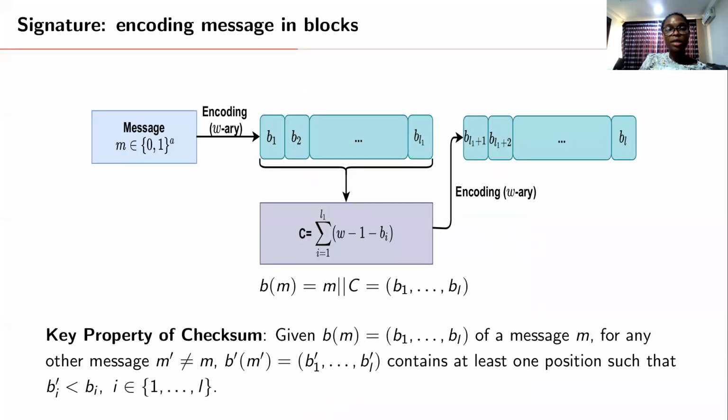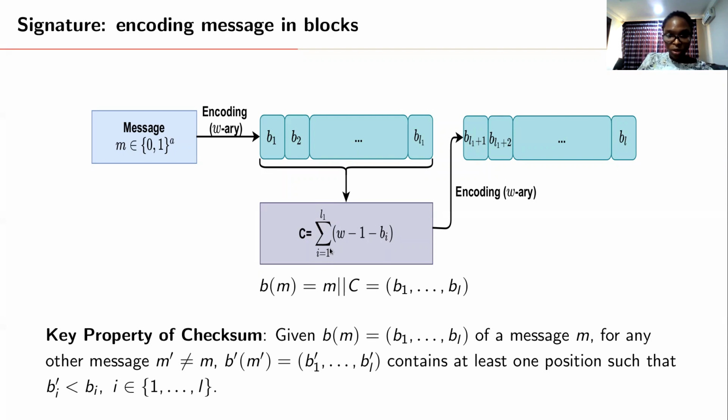Now, to sign, the message is not signed bit after bit; instead, the message is first encoded in L1 blocks, in the omega-base representation. Then we compute the checksum. The checksum is like a security step.